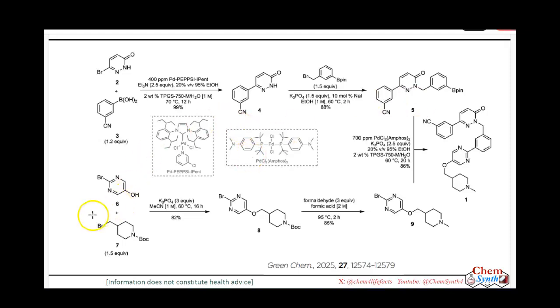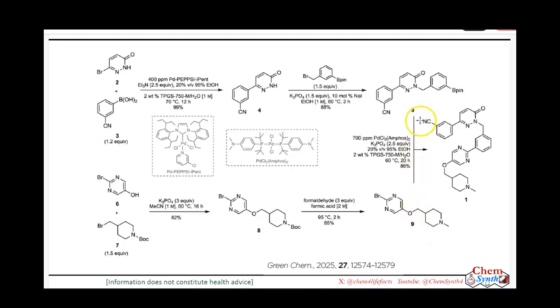And in the other way, they coupled this heterocyclic compound with this alkyl bromide in presence of base, a substitution reaction, and intermediate 8 was obtained. The next step was N-methylation using formaldehyde in presence of formic acid to get the intermediate 9.